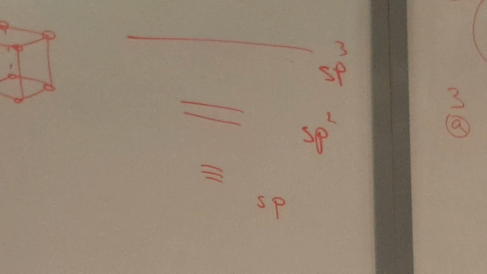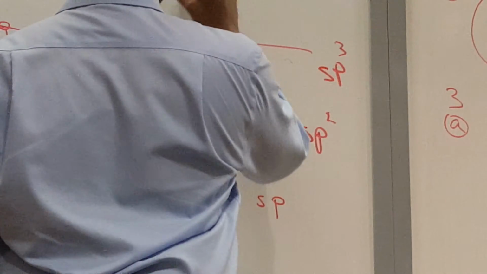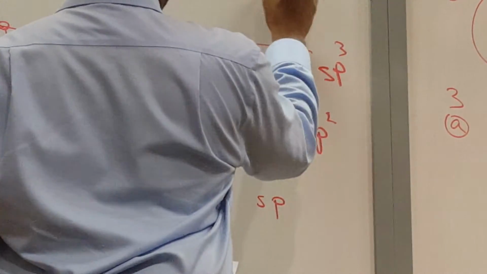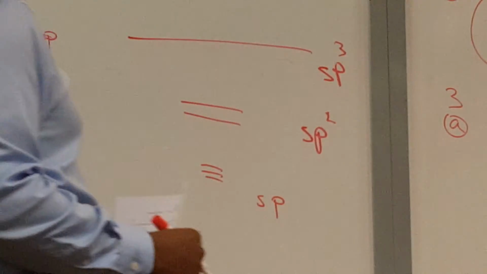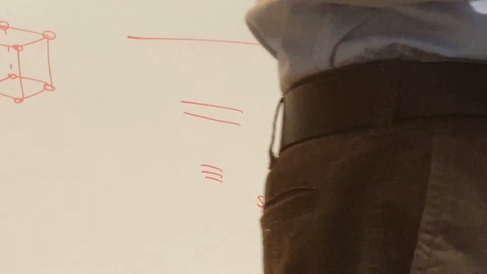So for a single bond, all you need is 2 electrons, right? So that corresponds to a sigma. That's a sigma bond. For a double bond, the criteria is that you must have 1 sigma bond and 1 pi bond. All right?